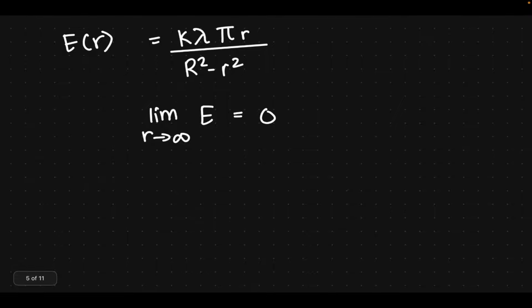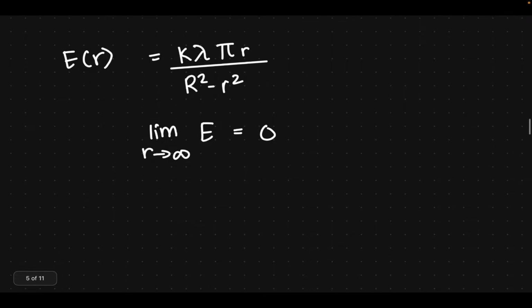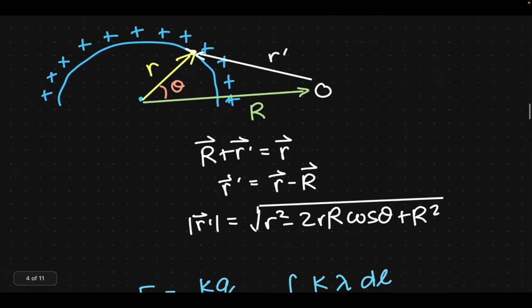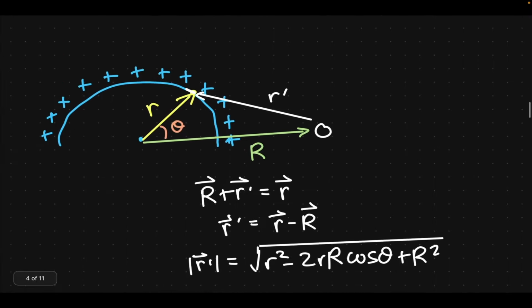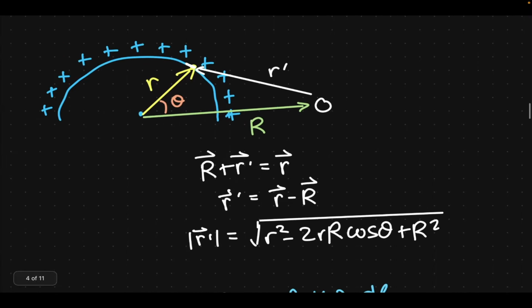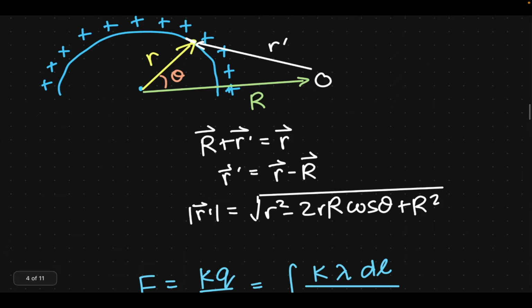Let's say the radius of this object goes to infinity. Well, that would mean that this observation point here would effectively be located at infinity, right?